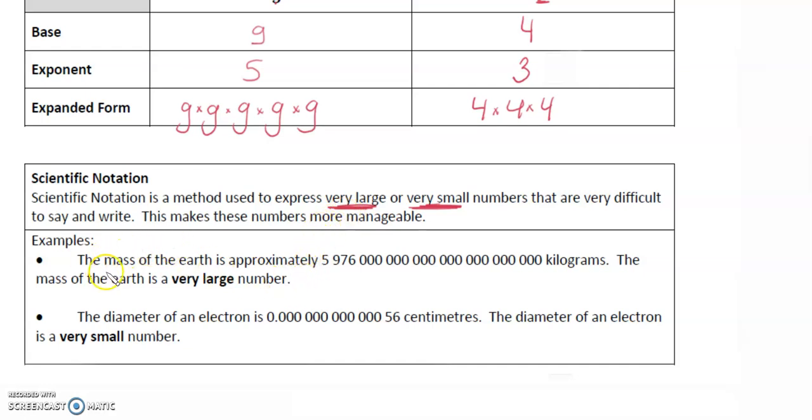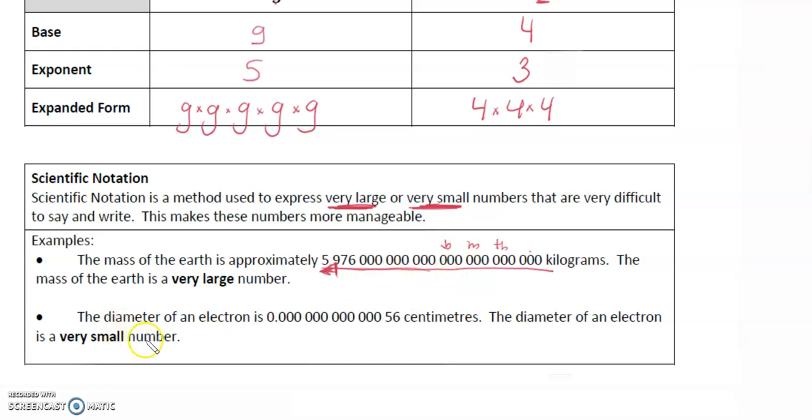The mass of the Earth is approximately this big in kilograms. We would never write this as such a big number. This would be thousands, millions, billions, and these numbers are so big that they're unmanageable. So because this is a very large number, we would use scientific notation to express it.